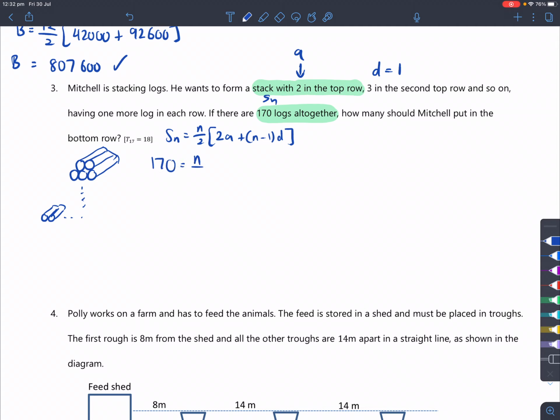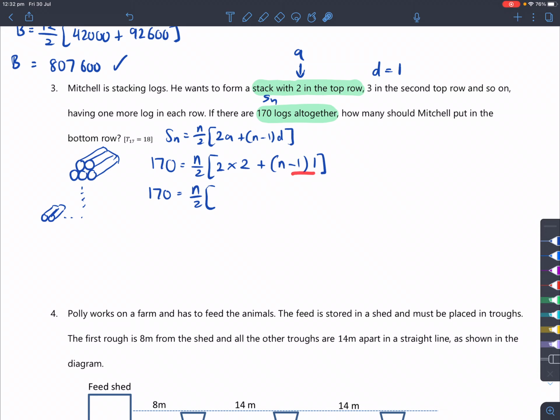So 170 equals n over 2, square bracket, 2a, which is 2 times 2, plus n minus 1 d. n minus 1 would be something we don't know. D is going to be 1. So let's simplify what's inside the square bracket. 2 by 2 is 4, plus n minus 1.